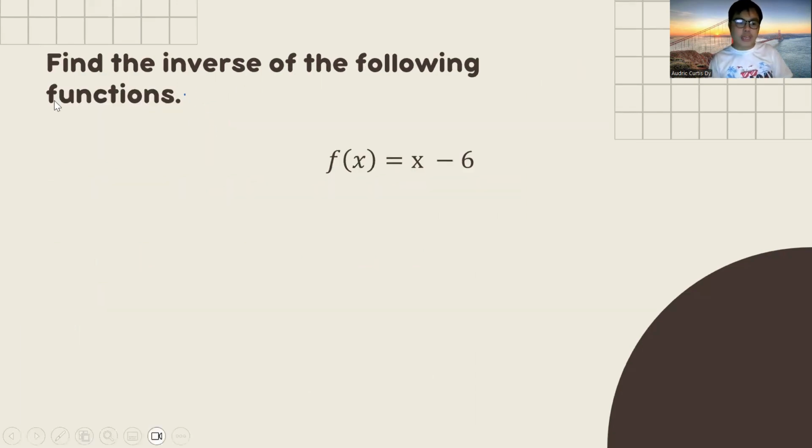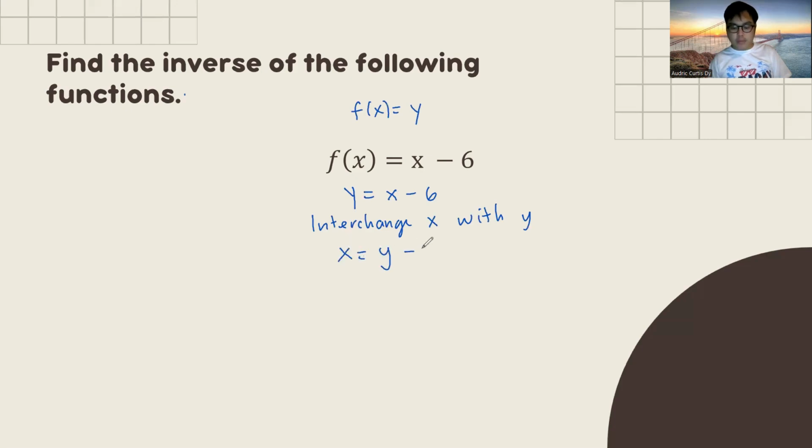Okay, so we're going to find the inverse of the following functions. The first function is f of x is equal to x minus 6. So, your f of x will become y, then x minus 6. Keep in mind that your f of x is denoted as y. Then you're going to interchange x with y. So this will become x equals y minus 6.